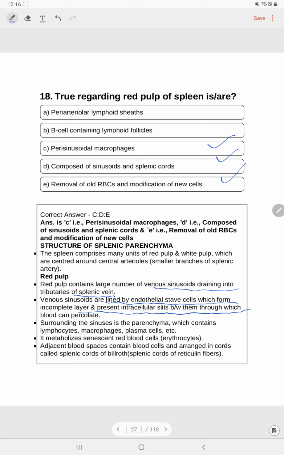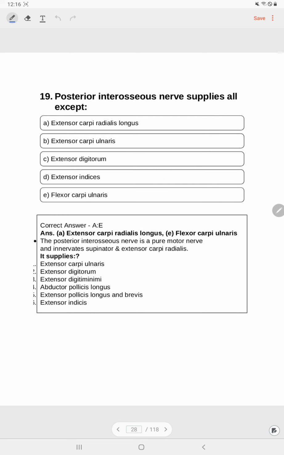Surrounding the sinuses is parenchyma which contains lymphocytes, macrophages, plasma cells, etc. It metabolizes senescent red blood cells, erythrocytes. Adjacent blood spaces contain blood cells and are arranged in cords called splenic cords of Billroth, made of reticulin fibers.